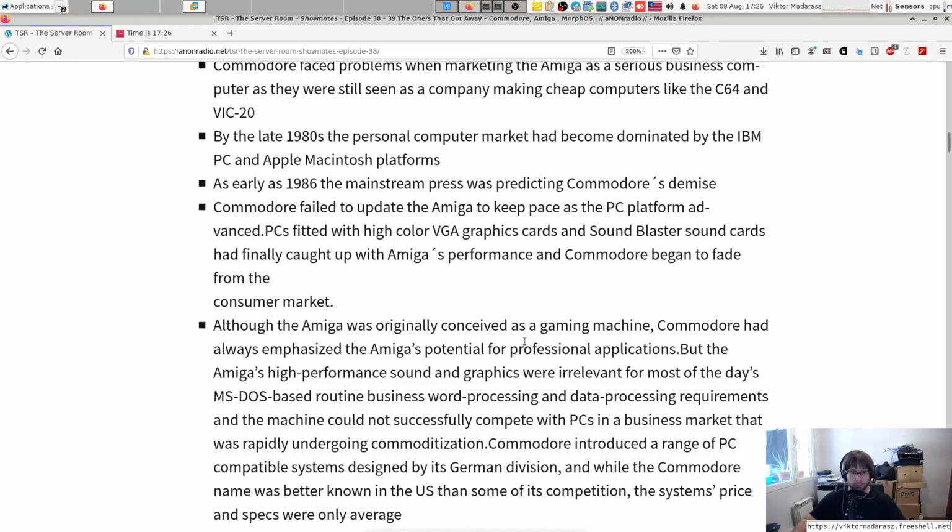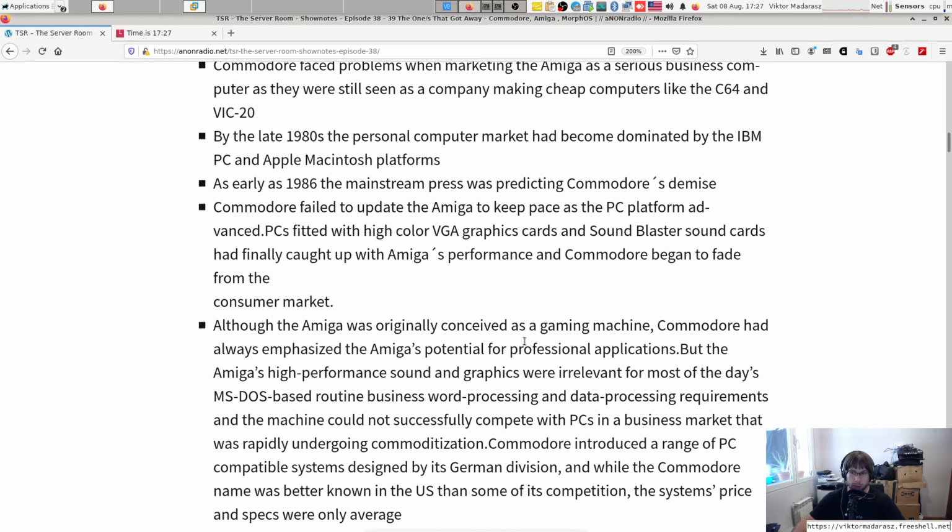So what I wanted to say, yes, is that I didn't have an Amiga personally, but I know that when they came out, up until the time when the PCs eventually caught up with Amiga, they had superior performance in sound and graphics, in multimedia applications.